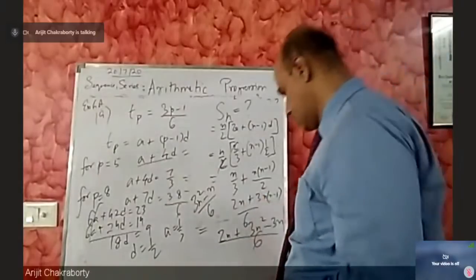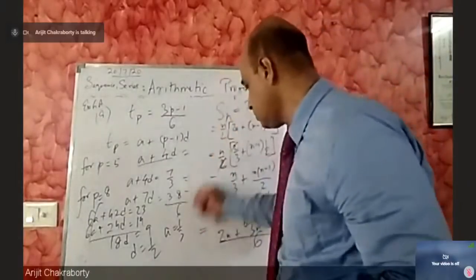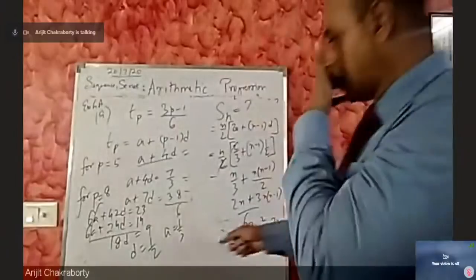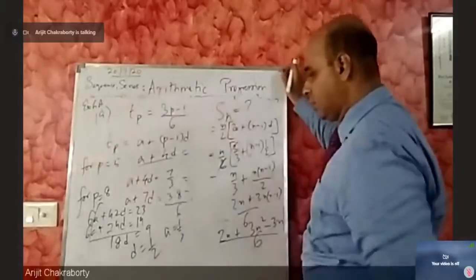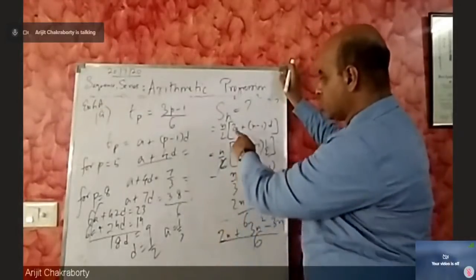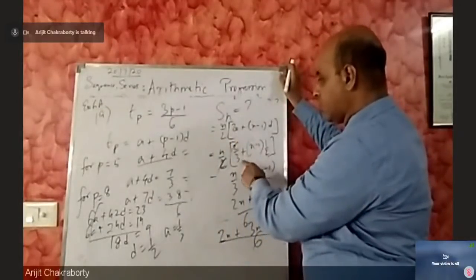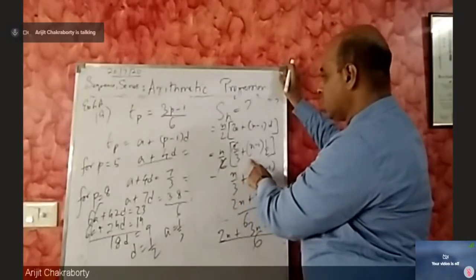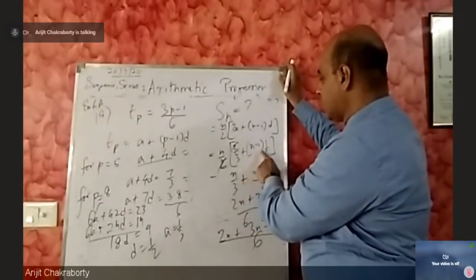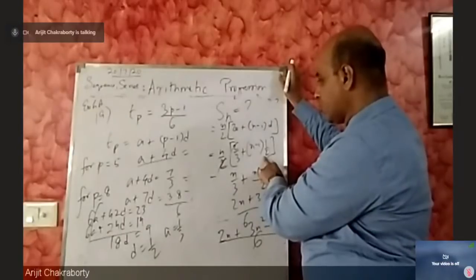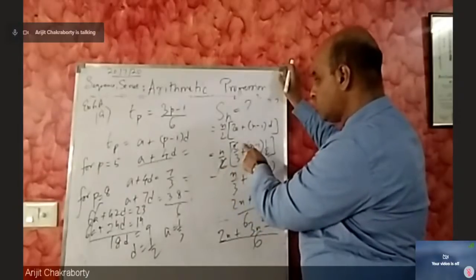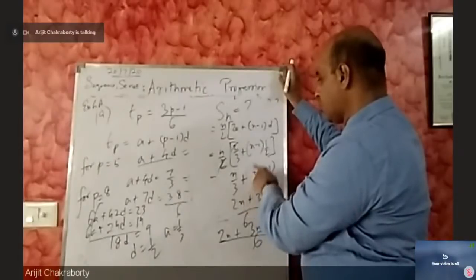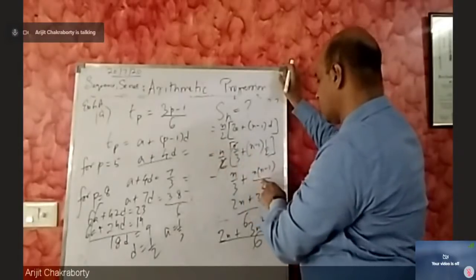Just let me check whether this is correct or not. So we have got D equal to half, A equal to 1 by 3. So we are putting A equal to 1 by 3, 2 into 1 by 3 we have done, n by 2 plus 2A plus n minus 1 we have done into D. So we have to simplify this. We are getting n by 3, n by 2 cancels with this 2, n by 3 plus n into (n minus 1) by 2.